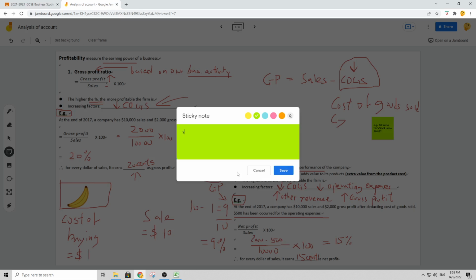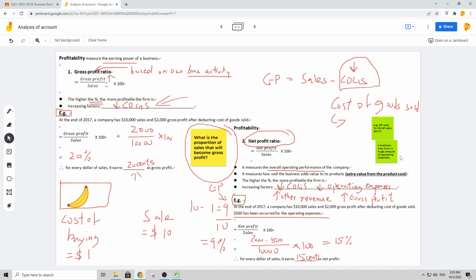A business may incur a huge amount of operating expenses. Because the only difference between GP ratio and NP ratio is that for NP ratio you also consider other revenues and operating expenses.